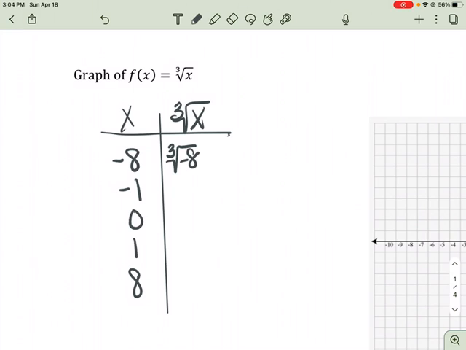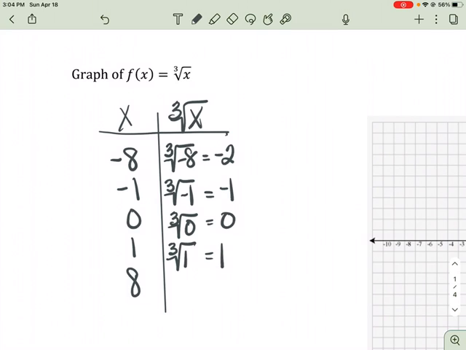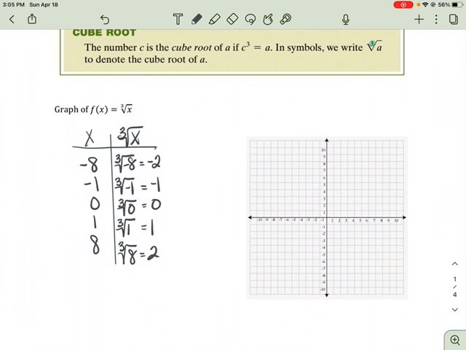So the cube root of -8 is -2. The cube root of -1 is -1. The cube root of 0 is 0. The cube root of 1 is 1. The cube root of 8 is 2. So that's what we're going to graph.